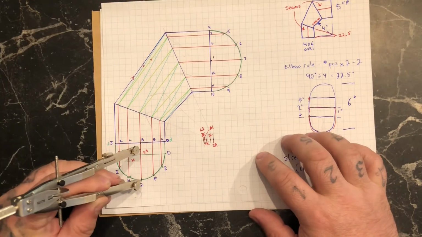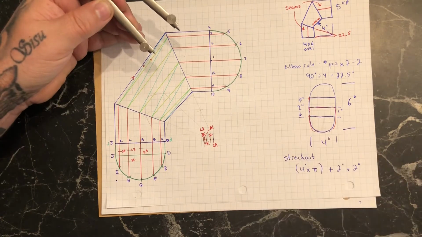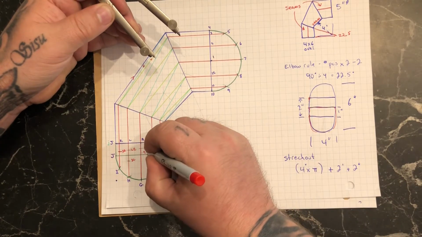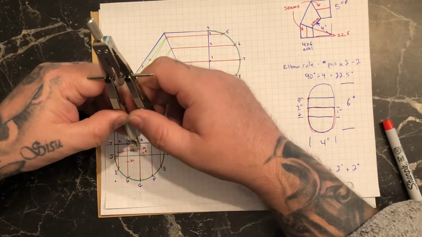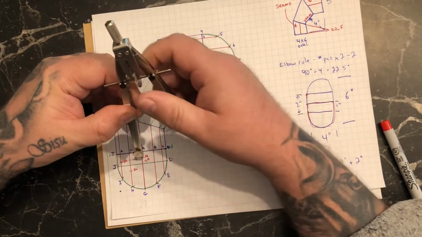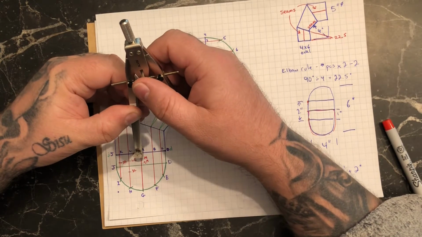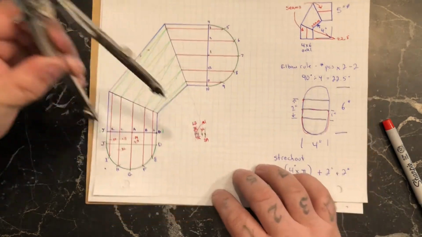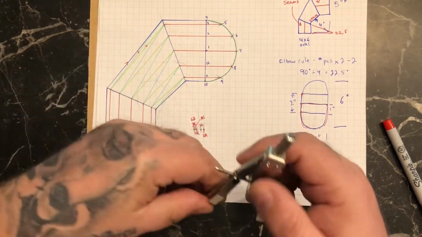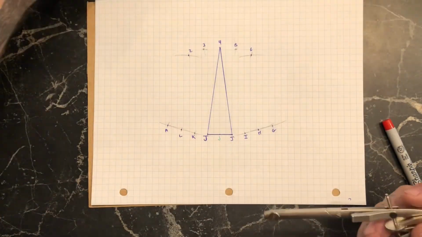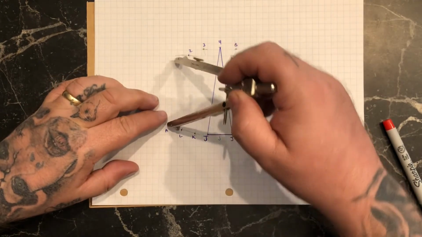And subtract it off of there. A1. Take my A1 to A1. A up to 1.